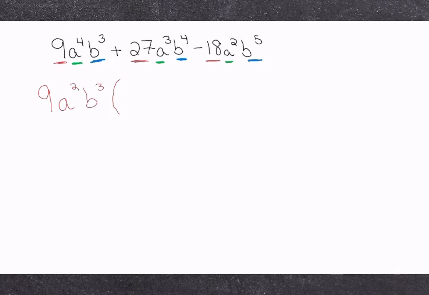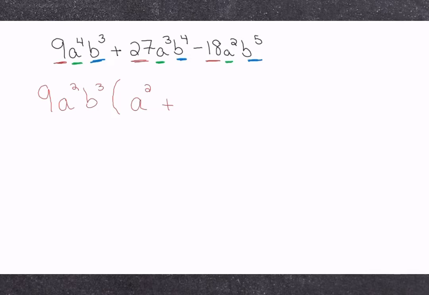I have a to the fourth, but I took a squared out, so that leaves me with a squared. I have b to the third, but I already took b to the third out, so I don't have to put anything else there. So that's done.